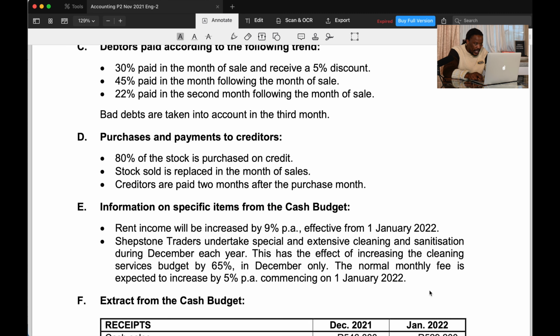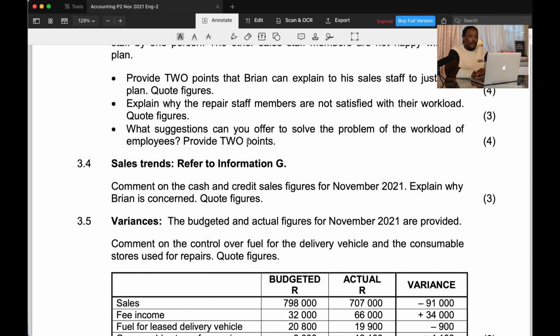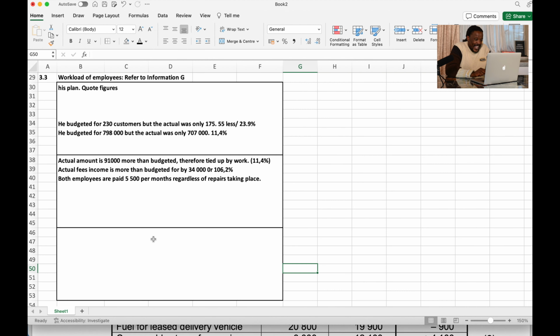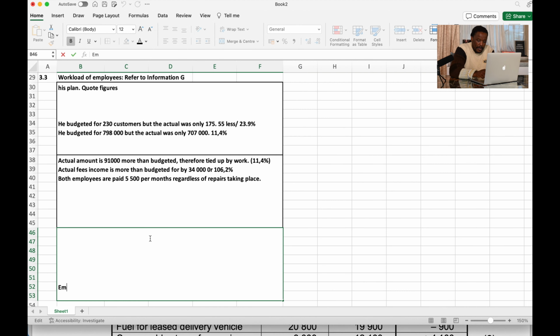What is the next question? What suggestion can you offer to solve the problem of the workload of employees? Come on, guys. Employ more staff. There are many reasons. Train staff members. These two reasons are sufficient because they said mention two reasons, but let's mention other reasons.